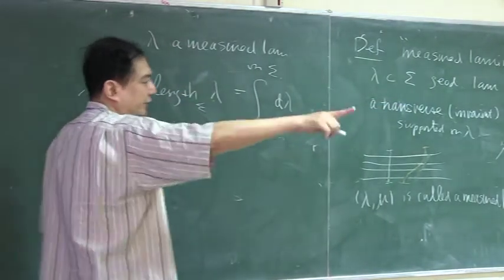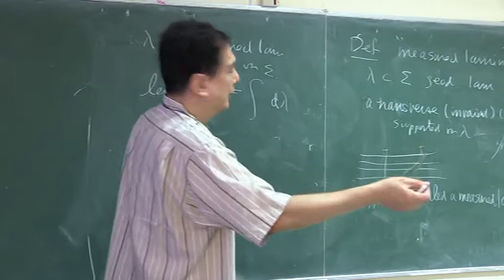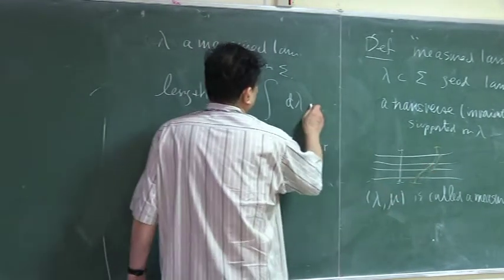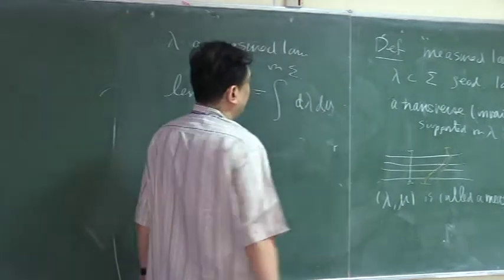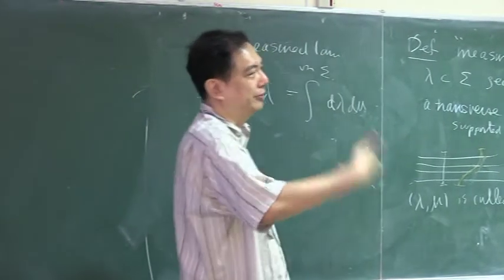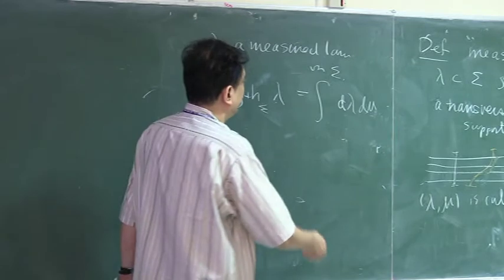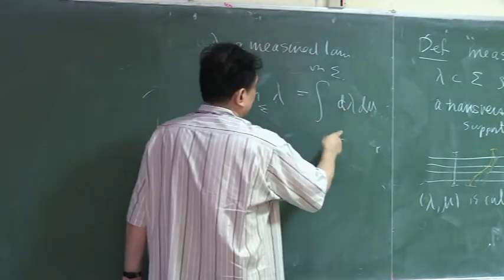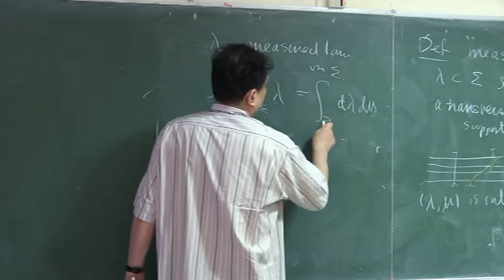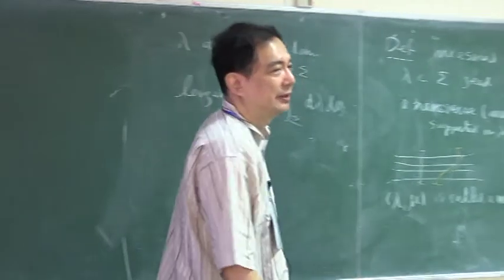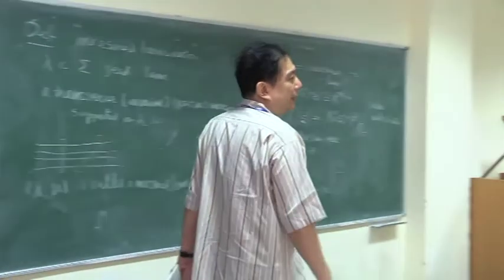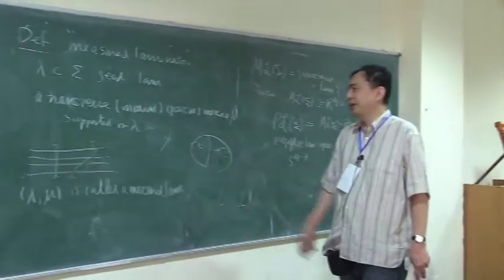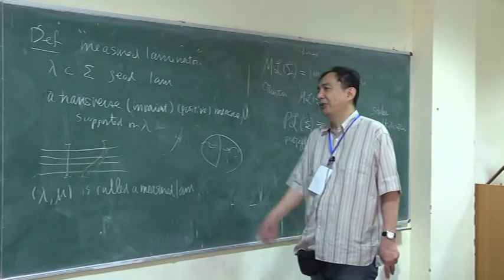Since lambda is a geodesic, you have an infinitesimal length function, and you have a transverse measure, so you can consider the infinitesimal version of the measure. Consider their product and integrate it on the surface. That's the definition of the length.